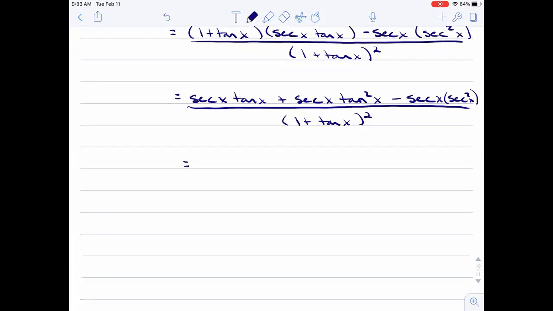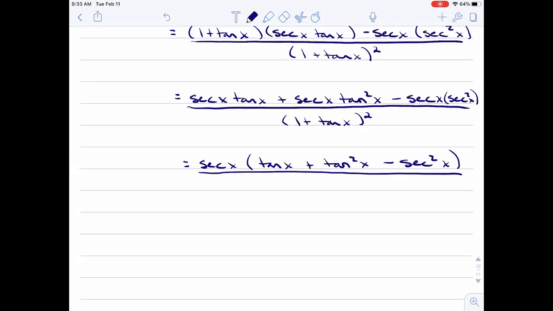I'll pull out a common secant x. Secant x times tan x plus tan squared x minus secant squared x, over 1 plus tan x squared.